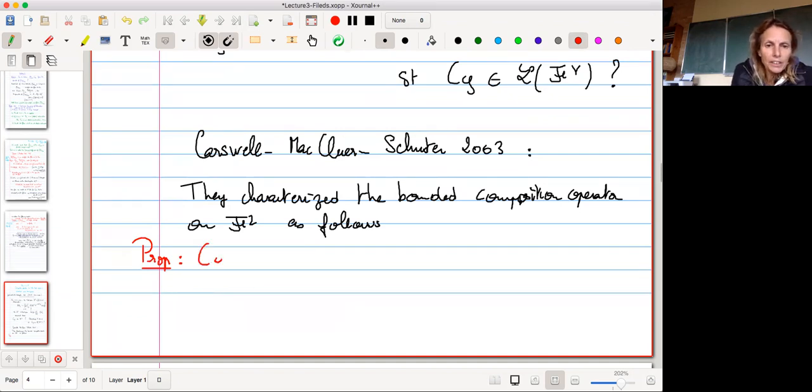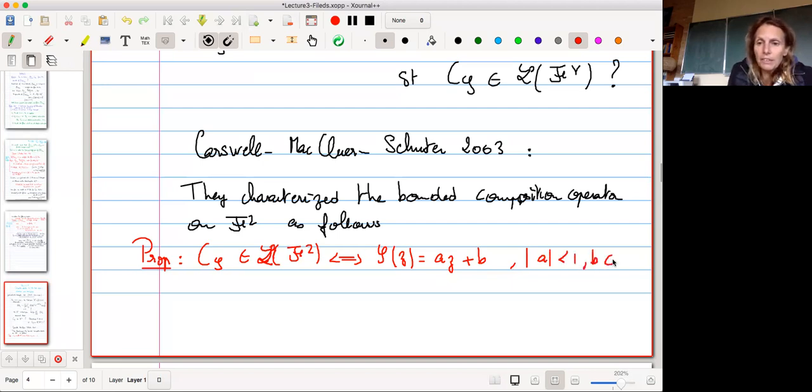They proved that C phi is bounded on F2 if and only if, there are just a few phi for which it's possible, phi is of the form az plus b, where a must be of modulus strictly less than 1 and b is an arbitrary complex number, or phi is just az with the modulus of a equal to 1.